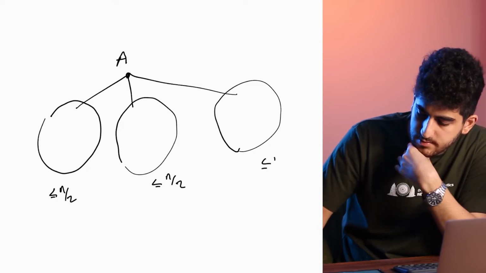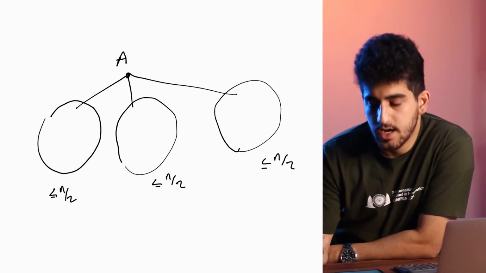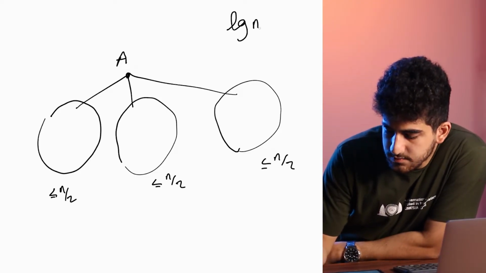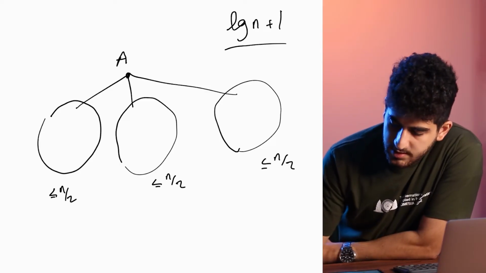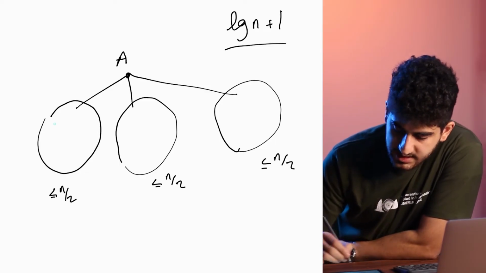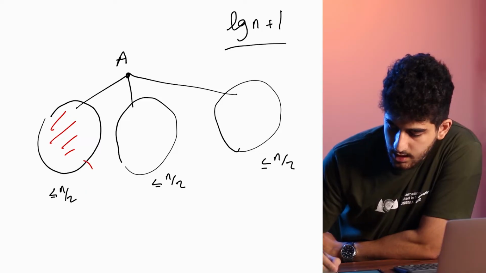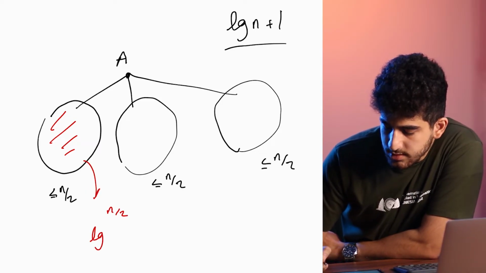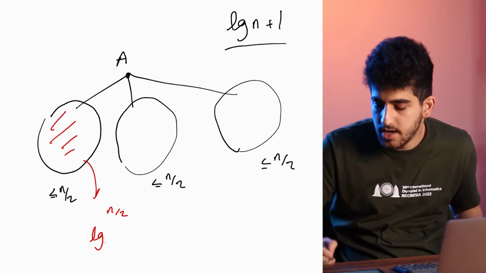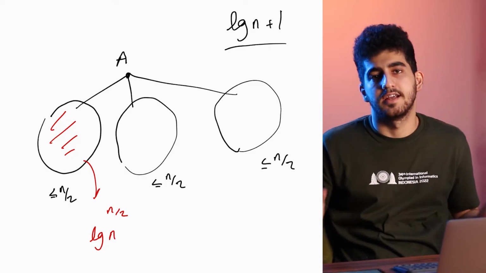at most. So assume that I had log of n plus 1 different characters in the beginning. So now, in each component, I know that I have at most n half vertices, and now I do not use A anymore. So now I have log of n characters.